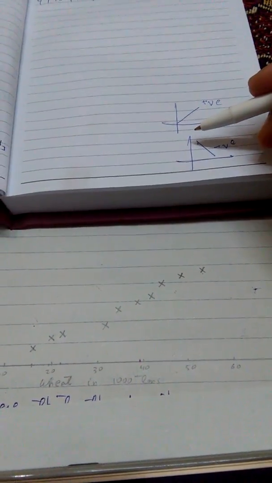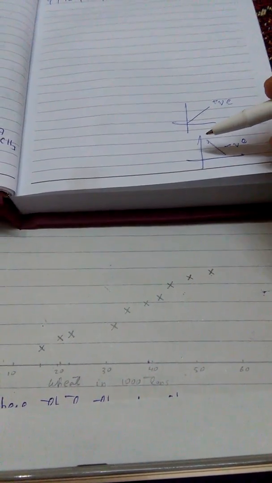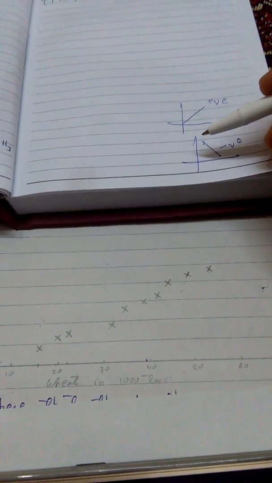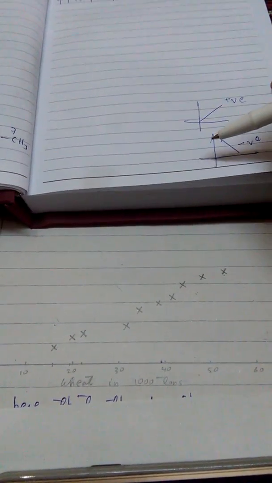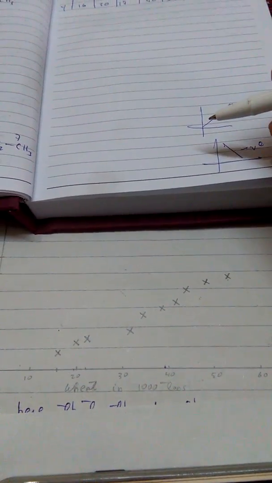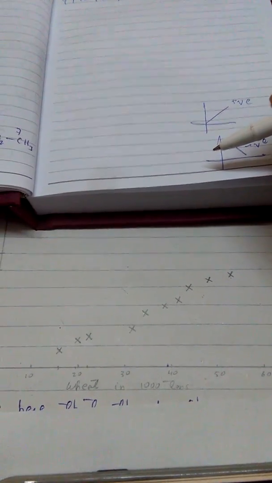Okay, so if the slope of any straight line comes out negative, you say it is telling you the retrogression, or it is telling you the downfall of the two quantities, or it explains the inverse relationship between the two quantities.